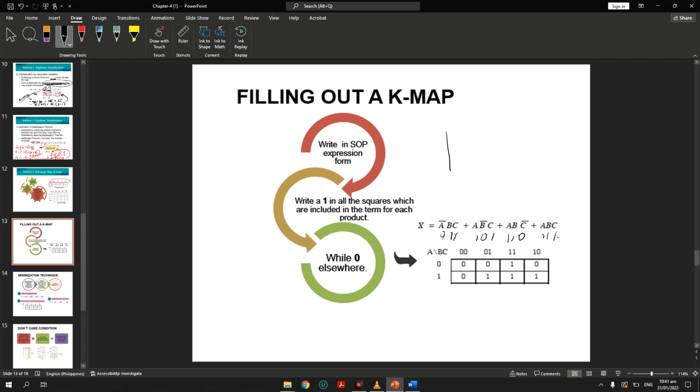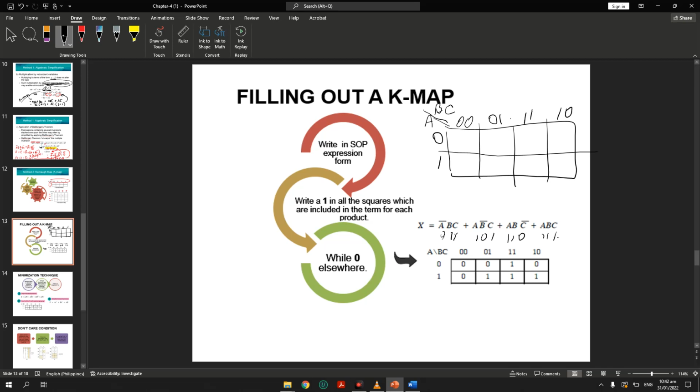So here we have 1, 2, 3, 4. This is A, this one is BC. Take note, it is not allowed to rearrange our variables. It is always A here and BC here. First input 0 1, then 0 0, 0 1, 1 1, 1 0.